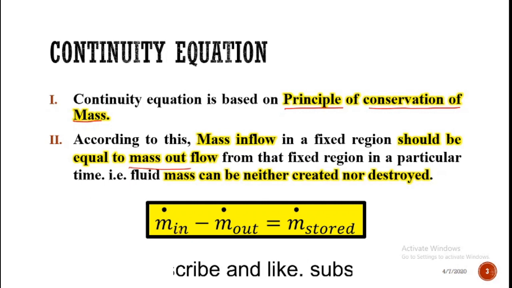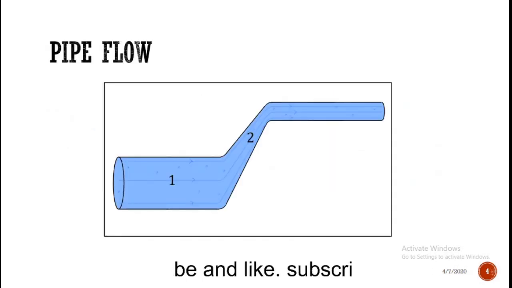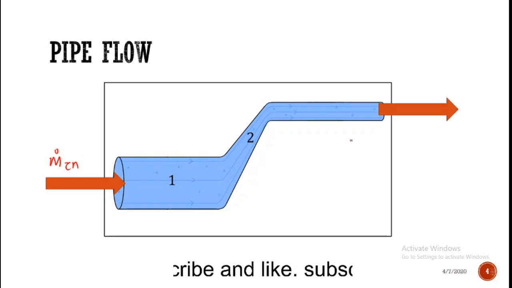So m dot in, the rate of mass in, minus the rate of mass out will be equal to the rate of mass stored. If you take a pipe flow example, suppose this is a pipe in which water is flowing. This is my m dot in, the rate of mass flowing in, and this is my rate of mass out.